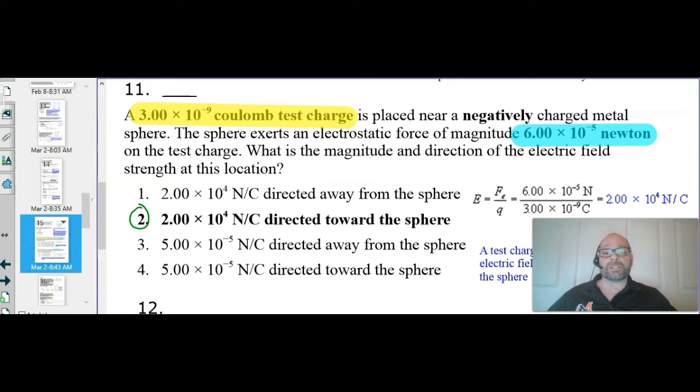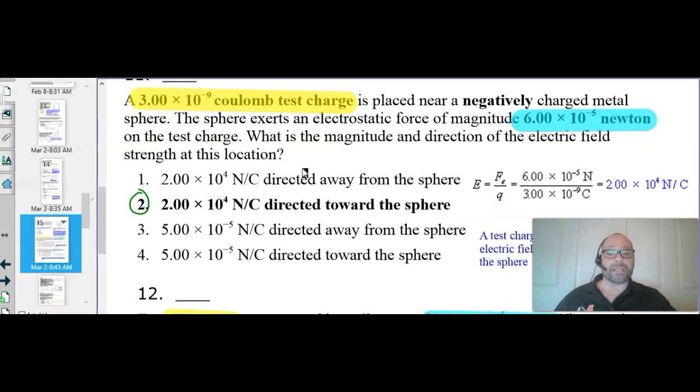Here's another question about a negatively charged metal sphere and the electrostatic force that pushes on a test charge. This question asks, what is the magnitude, meaning the amount, and the direction of the electric field strength? The electric field strength is very similar to the gravitational field strength. The idea is there's a degree of acceleration experienced by the charge in this region.